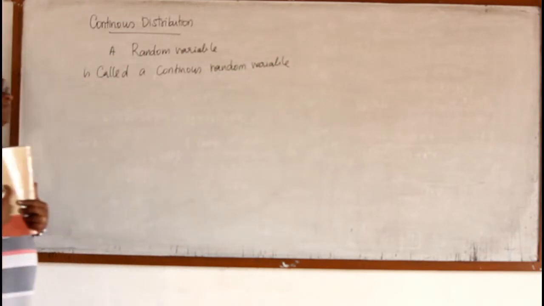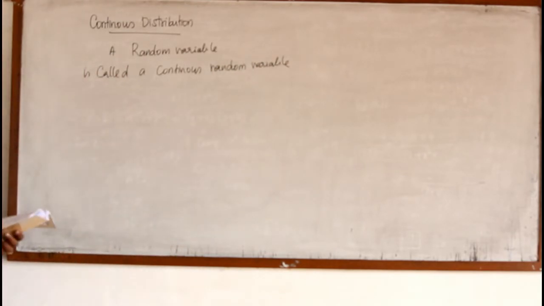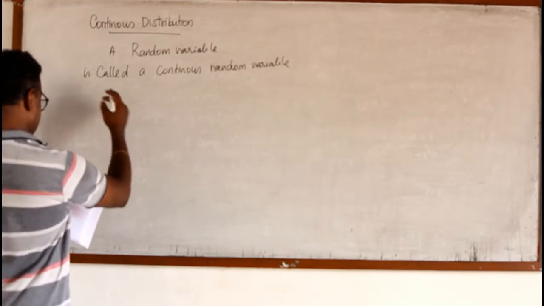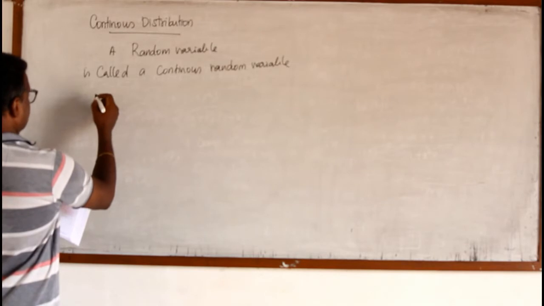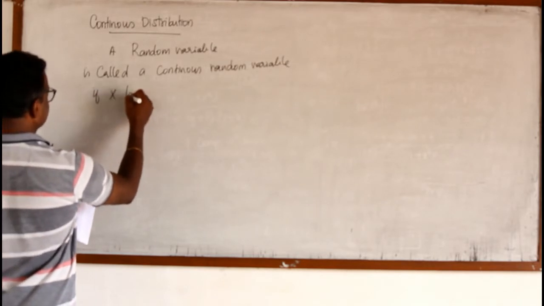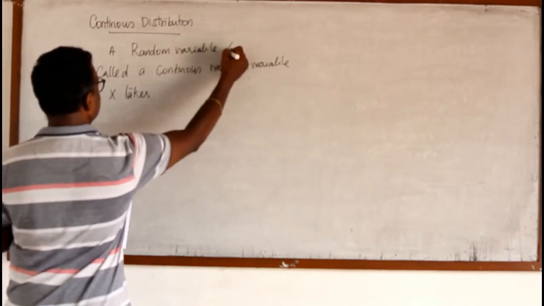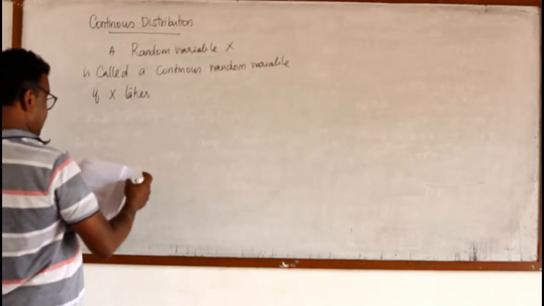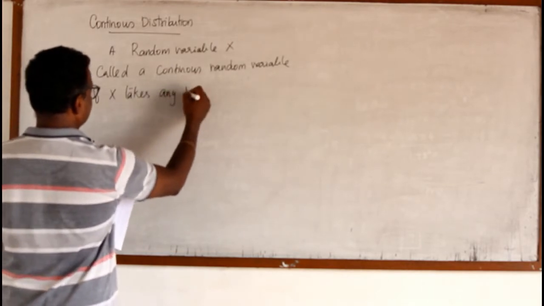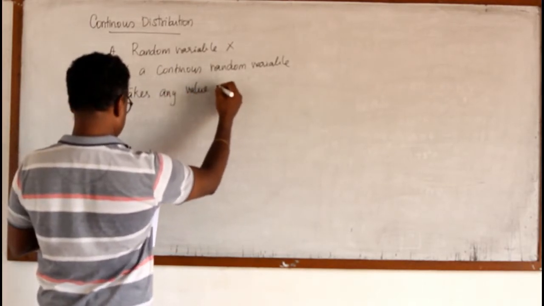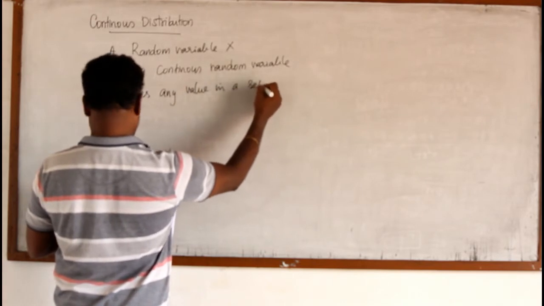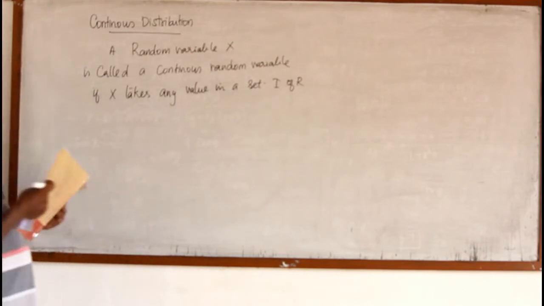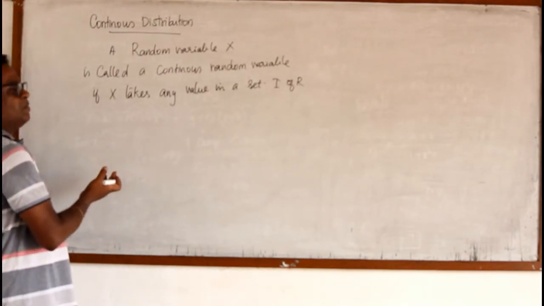Remember, discrete random variable means the outcomes are countable. A random variable X is called a continuous random variable if X takes any value in a set I or R. Simply saying, all the random variables will be functions.